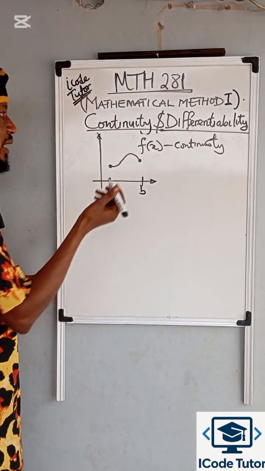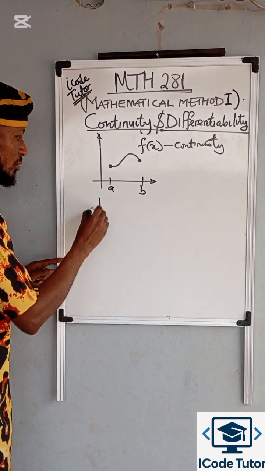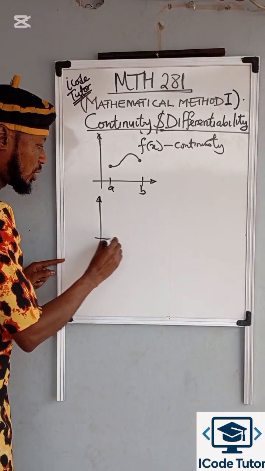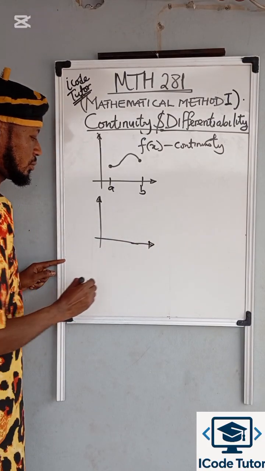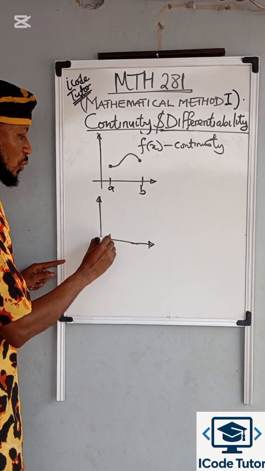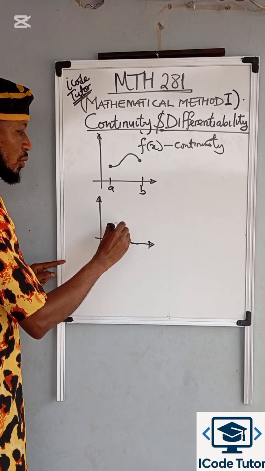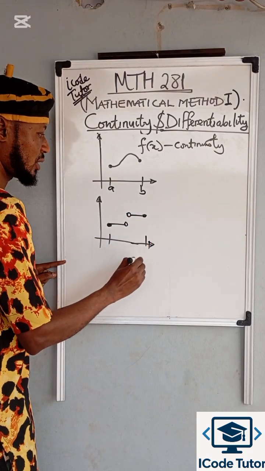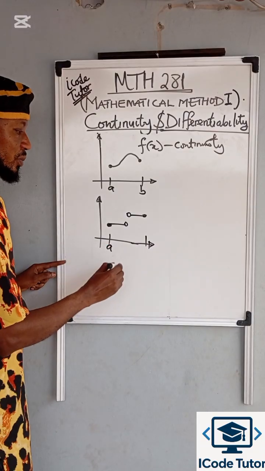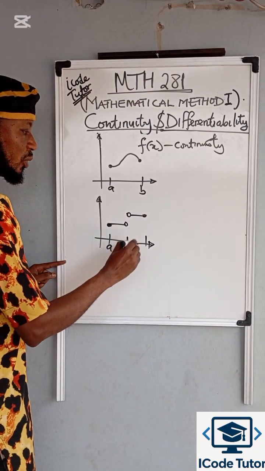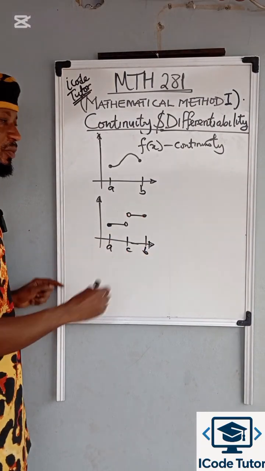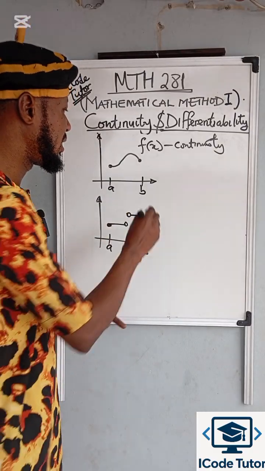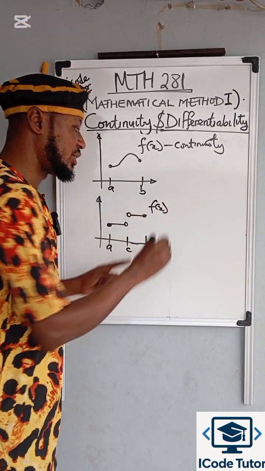Now, let's look at another graph that discusses a discontinuous function. Let's say you have a point A moving to another point. Let's regard this one to be point A, here to be point C, and here to be point B. Now, this function is discontinuous.